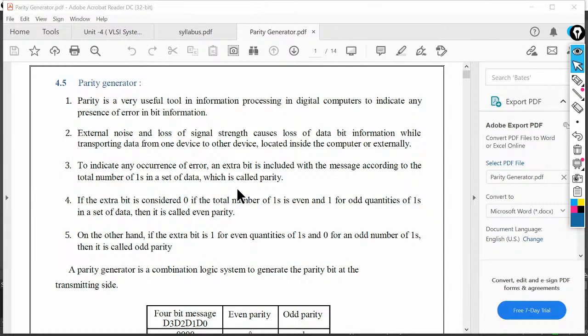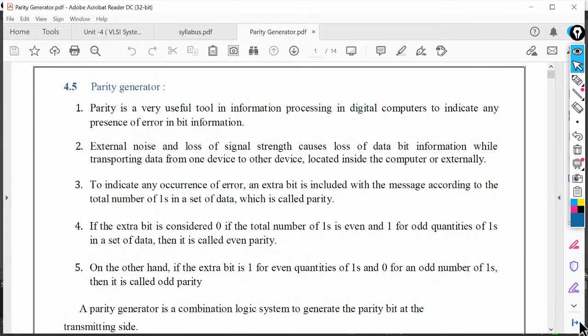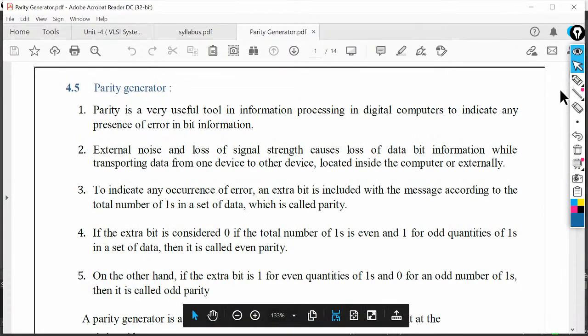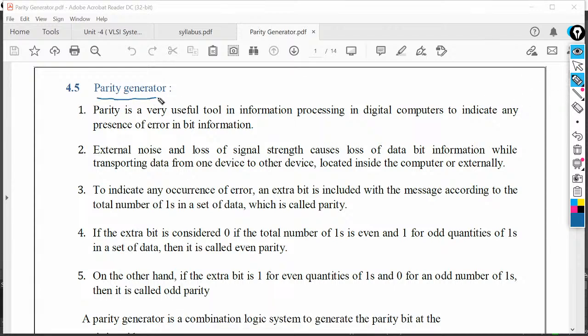Okay, now what is the parity? What is the meaning of parity? Parity is nothing but some extra bit that is attached with the message signal and transmitted towards the receiver.